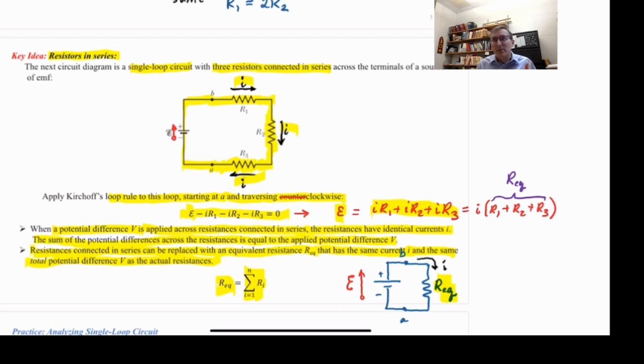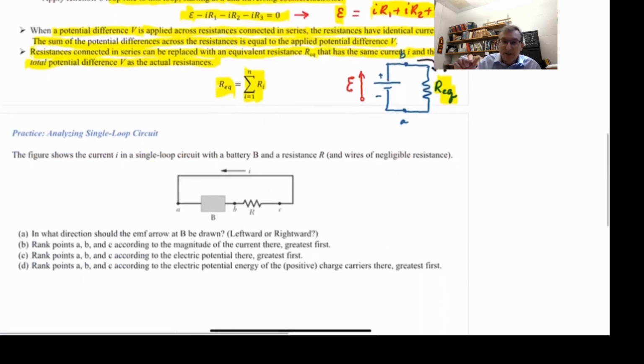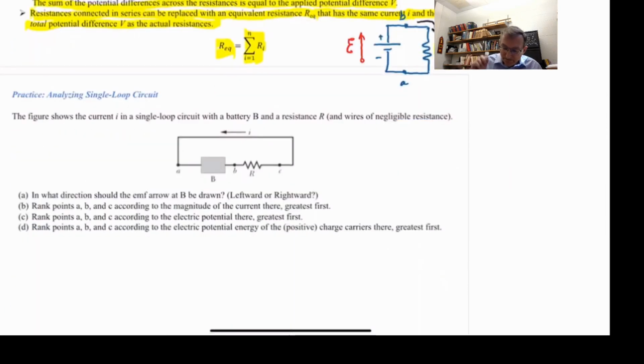The way you combine resistors in series, by just adding up the resistances, is the way you combine capacitors in parallel. And the way you combine resistors in parallel is the same way you combine capacitors in series. So it can be confusing, they're reversed. But for resistors in series, the equivalent resistance is merely the sum of the individual resistances. We'll use that fact a lot in analyzing circuits.